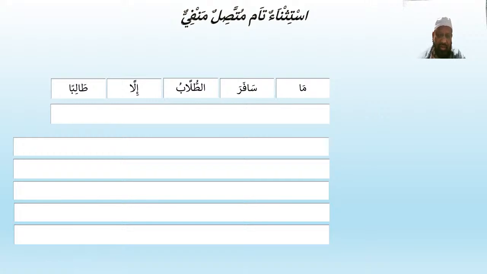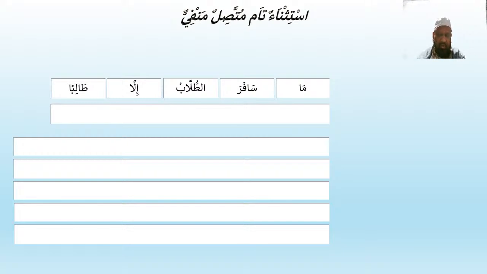Okay, can you translate this? ما سافر الطلاب إلا طالبا. So istisna tam muttasil manfi, jawazul amrain.